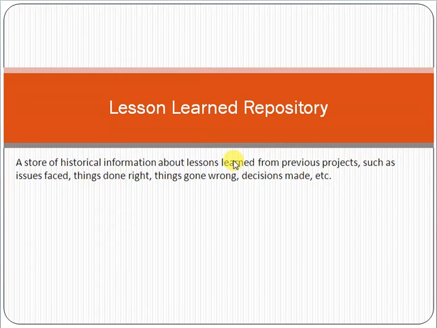Like the lesson learned is that whatever estimates you have made, you should take the expert opinion of the domain, and also use the historical information. A very major mistake which normally happens is that we use historical data.